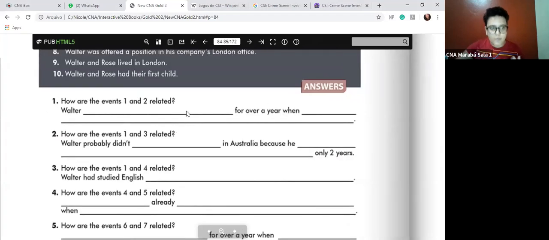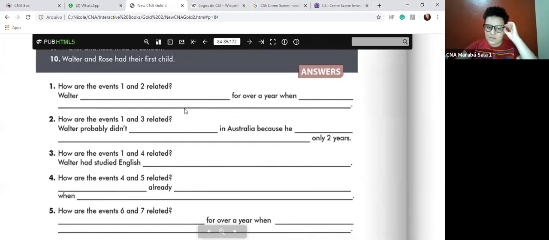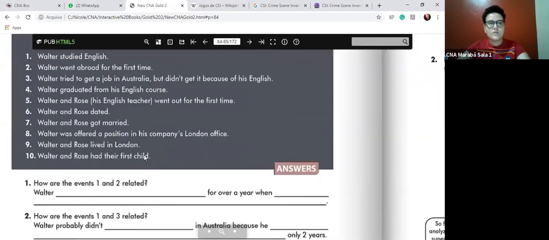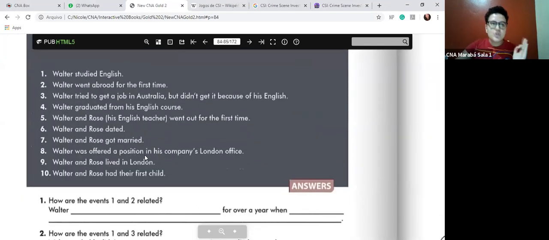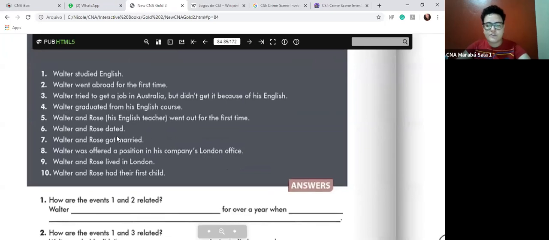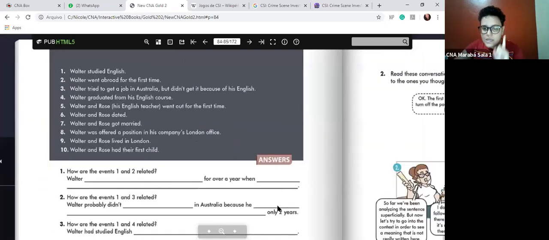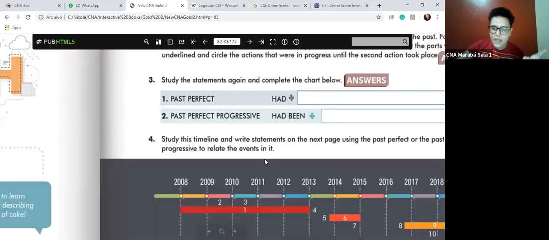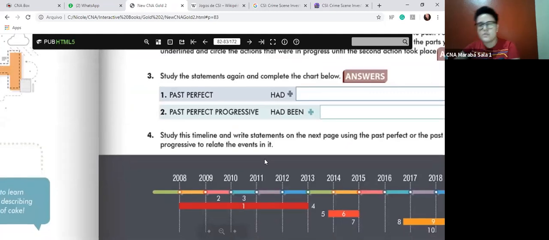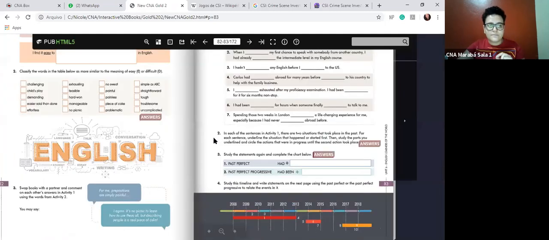So, for example, I'm going to do number 1 with you guys so that you understand. How are the events 1 and 2 related? 1, Walter studied English. 2, Walter went abroad for the first time. Walter studied English from 2008 to 2013. Walter went abroad, so he traveled abroad in 2009. We need to relate those 2 events. The sentence is this one.